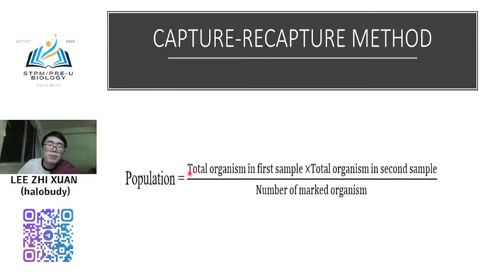Capture recapture means that we tangkap the animal, and then you make a label, and then you letak balik dekat area tu, and then awak ambil lagi. From that you use this equation, and you will know the population size in that environment.